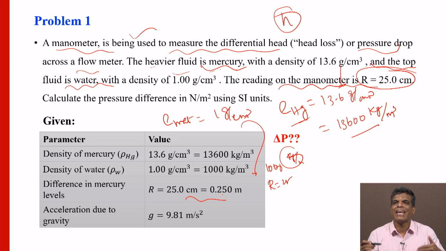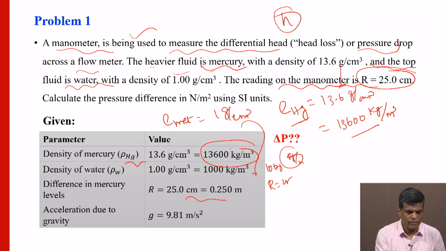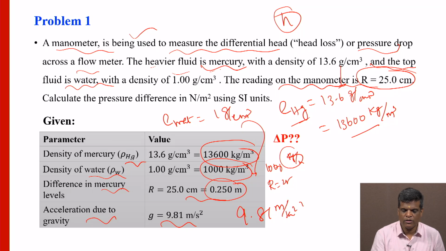You convert it to SI units. The density of mercury you convert to SI units, and water also we converted to SI units. The mercury level is 0.250 meter. Then we have to add gravity, 9.81 meter per second square, the acceleration due to gravity.